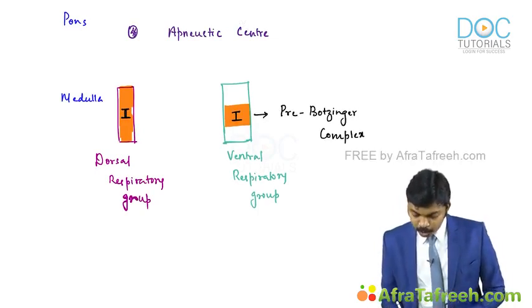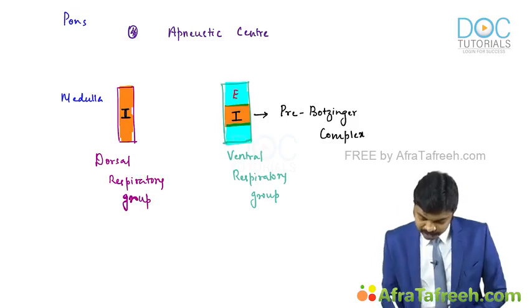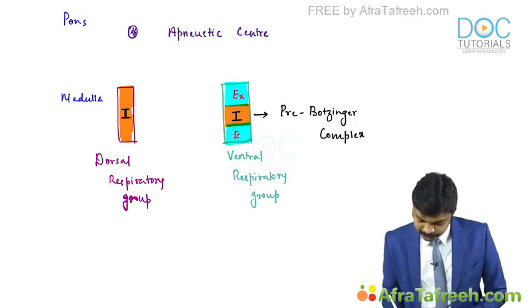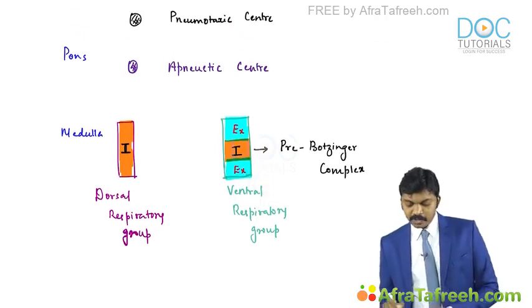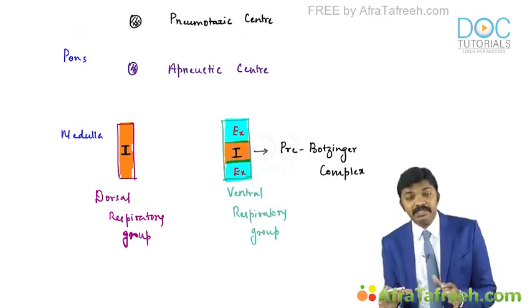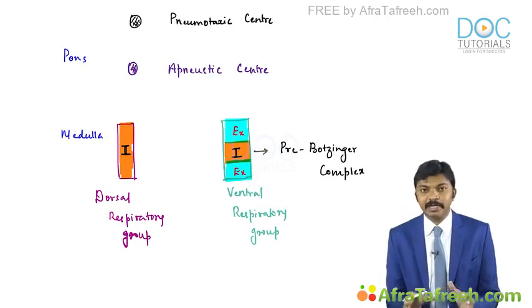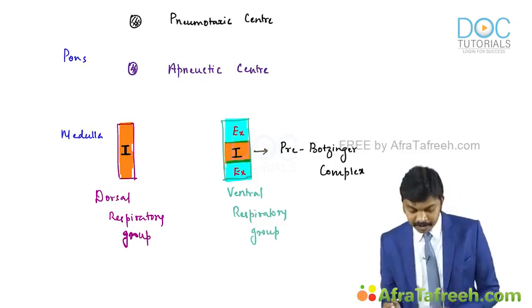The ventral respiratory group also has regions which are concerned with expiration, doctors. So, this is how the centers that are involved in controlling respiration are arranged in the brainstem.